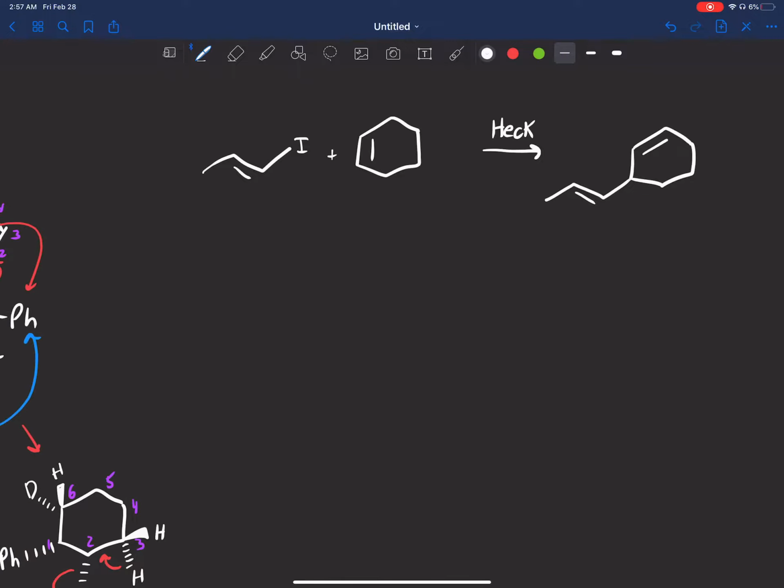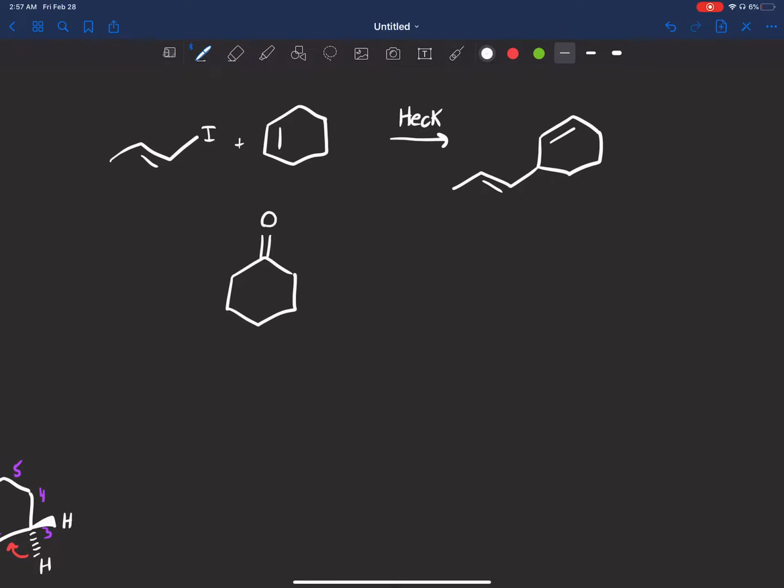The way we do this is you want to use something called a triflate, right? So it's a workaround. What we do is we take a cyclohexane, and you want to have a carbonyl on it. This is also called cyclohexanone. It's a ketone. So you need to have a carbonyl on your 6-member ring.